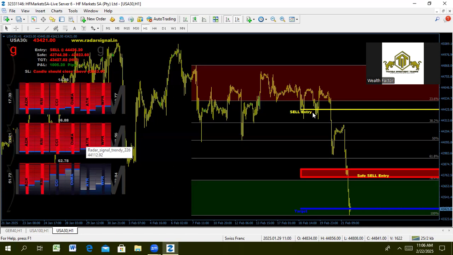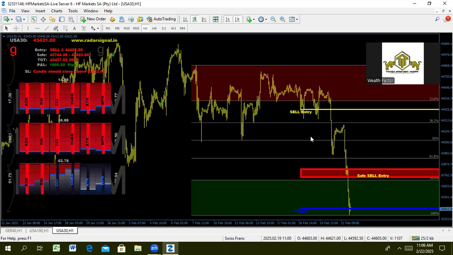Secondly, we have what we call the Fibonacci retracement. The main use of the Fibonacci is to identify the key support and resistance levels or zones. We use the Fibonacci retracement to identify the supply and demand zones.